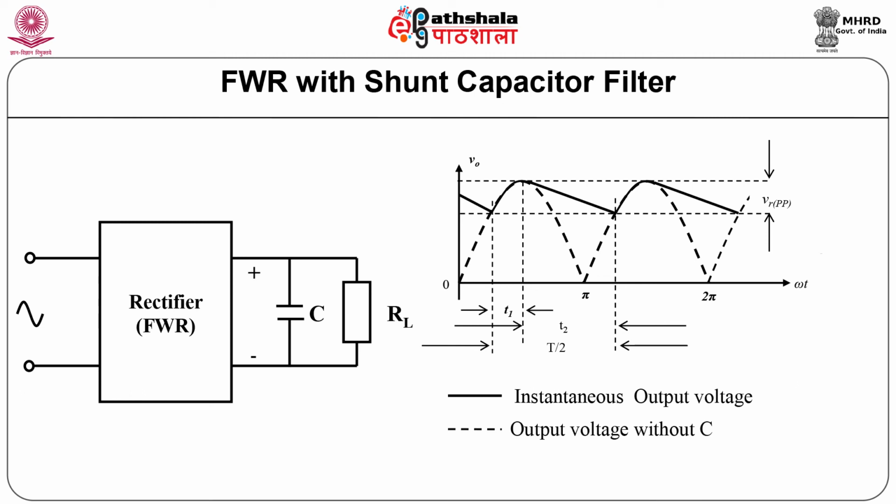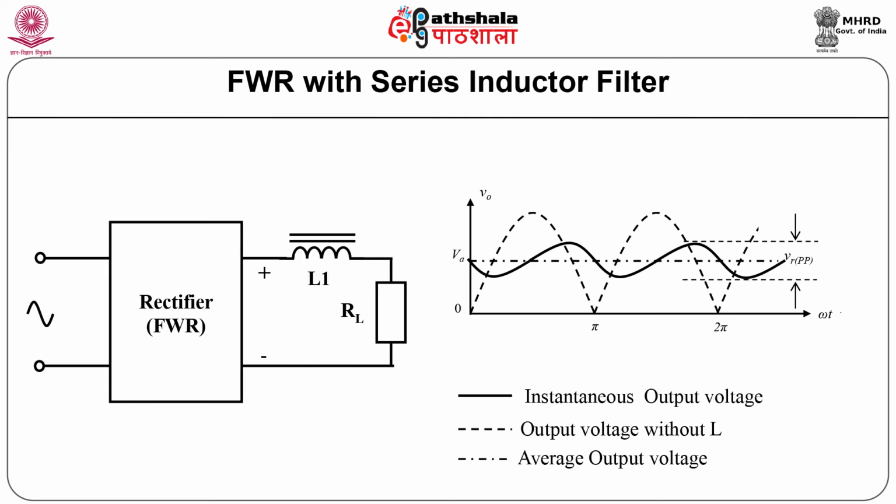Shunt capacitor filter is used as shown in the figure. The capacitor is connected in parallel with the load resistor. One can see from the timing waveform that DC content is increased. Another important filter is the series inductor filter.